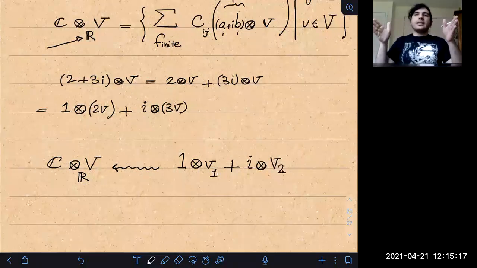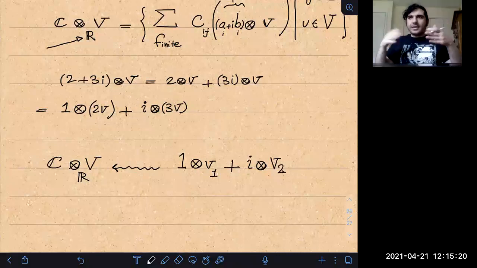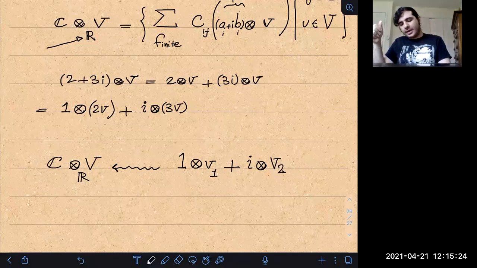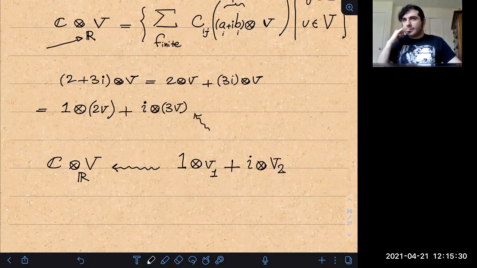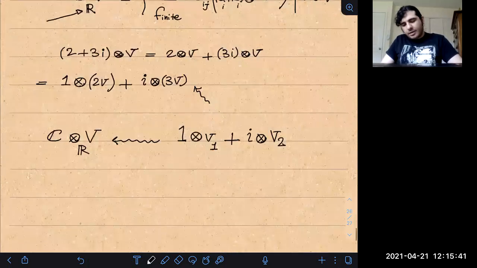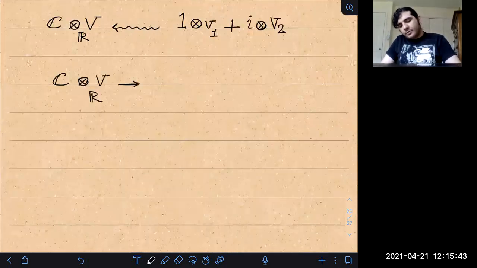So anything in this tensor space can be written as this, just like what I did here, just like the example we have above. We can always do that, right? Actually, this gives us a map from C tensor V over R to V times V.